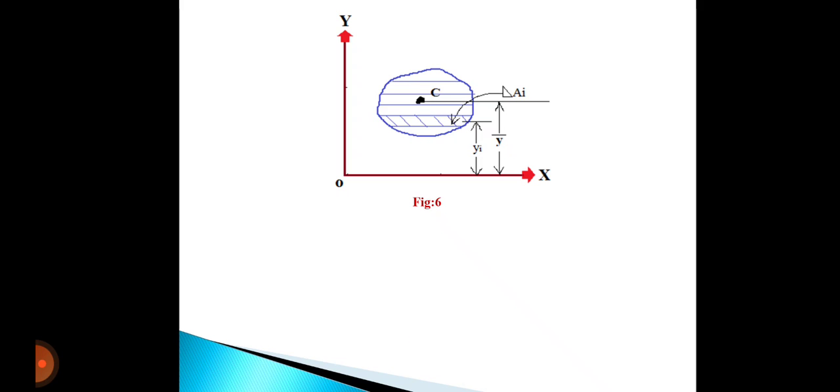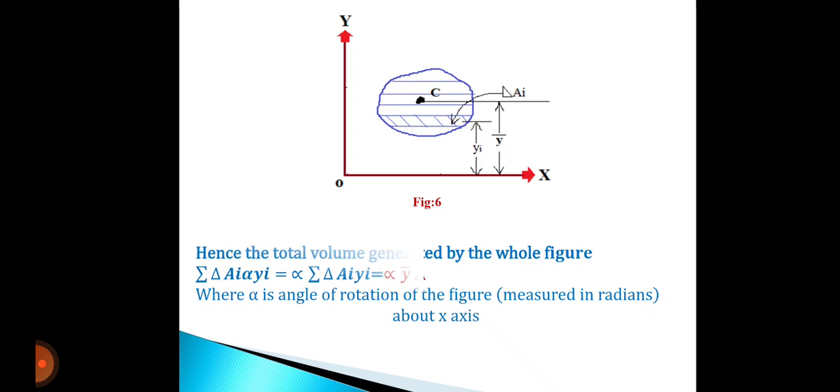Now, in figure 6, consider any plane figure of area A divided into a large number of very thin strips parallel to the x-axis. Let the y coordinate of the middle of the strip of area delta Ai be yi, and let the plane of the figure be rotated through any angle alpha about the x-axis.